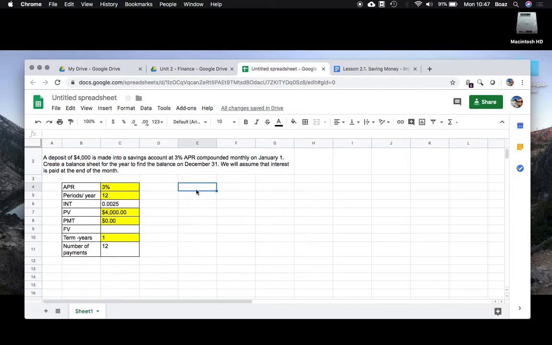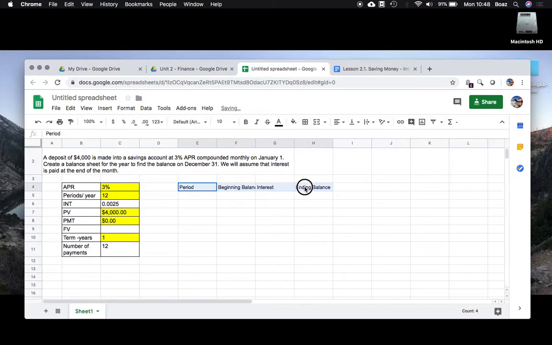I can either build a balance sheet over here to the right of it or down below it. I don't really have a preference on that. So rather than doing months with dates, I'm just going to do period again. As I mentioned today, in each period we have the beginning balance, all of our transactions, which in this case is just interest, and the ending balance.